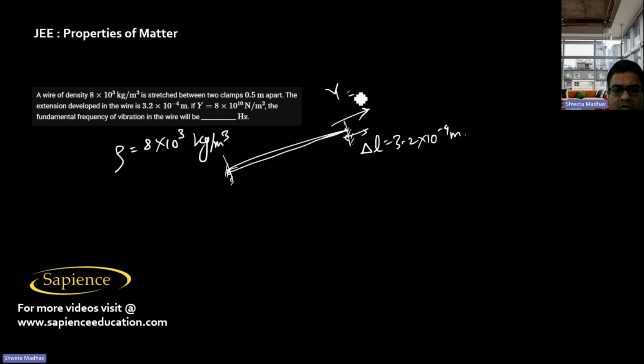The Young's modulus Y is 8 into 10 power 10 Newton per meter square. The fundamental frequency of vibration of the wire, that is nu naught, we have to find out.